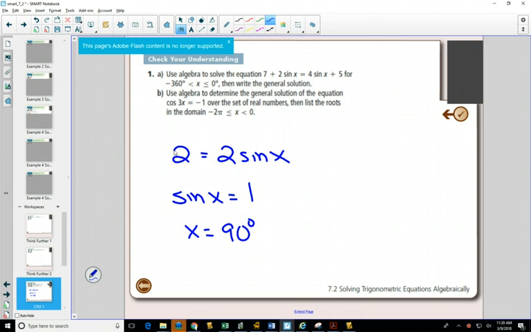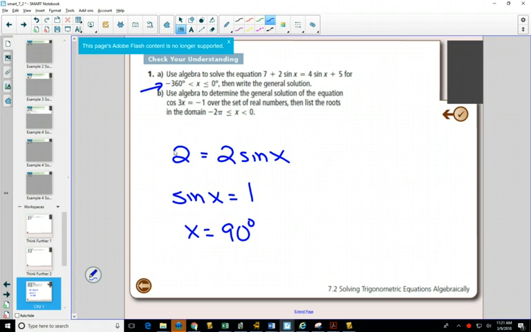That's taking your unit circle and going once around in the positive direction. So where's the y-coordinate equal to 1? Well, that's up here, at 90 degrees. Now, when we look at this question, the domain says to look from negative 360 to 0, so that's once around in the negative direction.